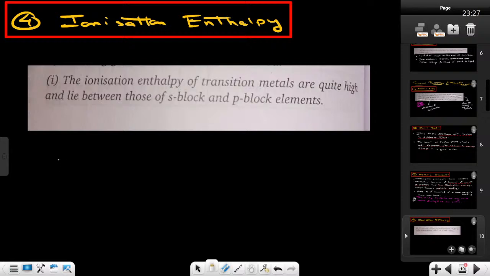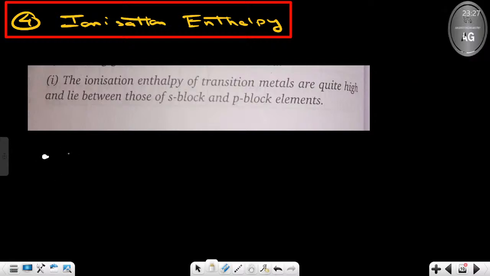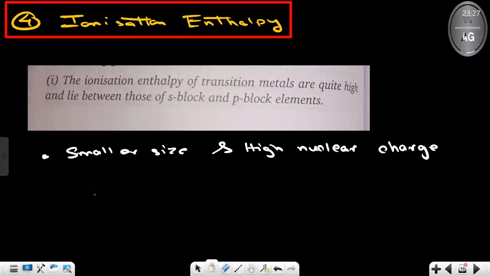So what we will write is: smaller size and high nuclear charge.